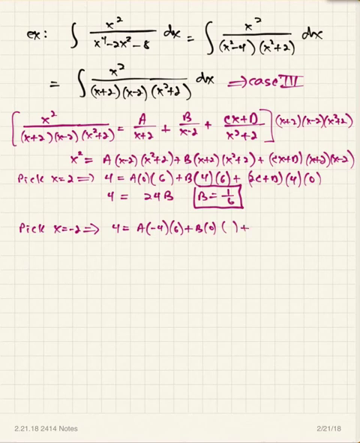And x is negative 2, so you have plus cx plus d times 0 times negative 4. We don't care about the rest of that because those two terms go to 0. So you get 4 is equal to negative 24a, and so you get that a is negative 1/6. All right, so we're making progress.